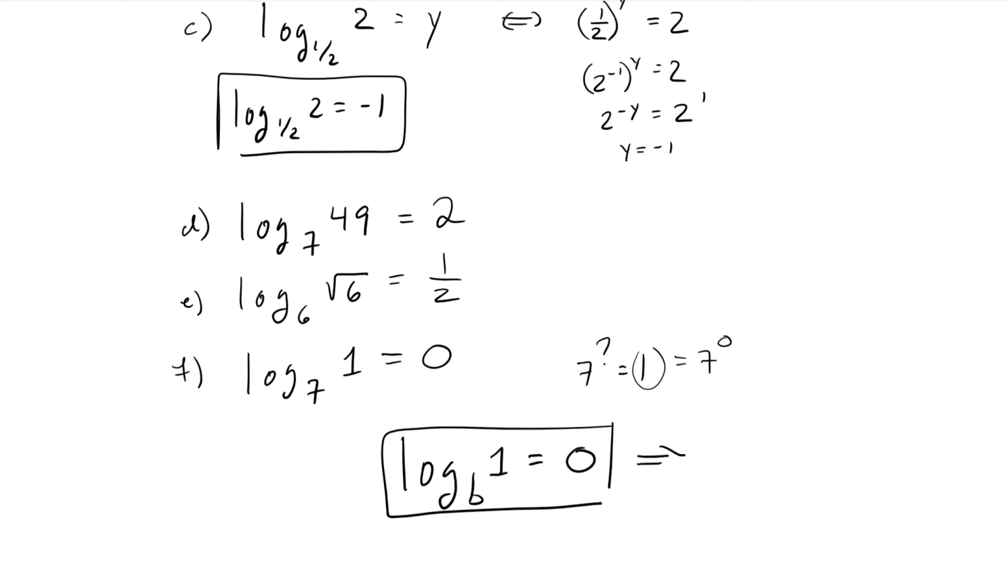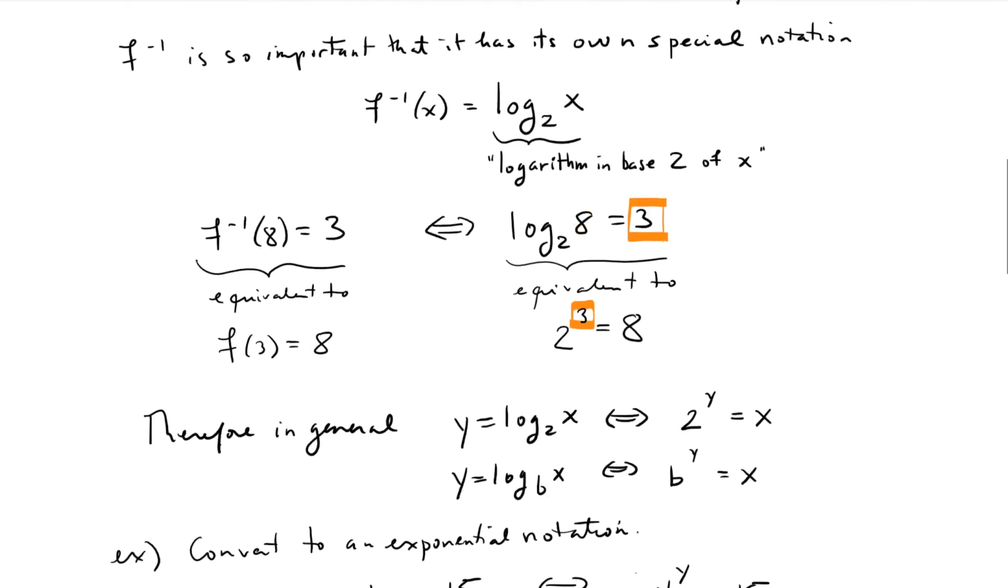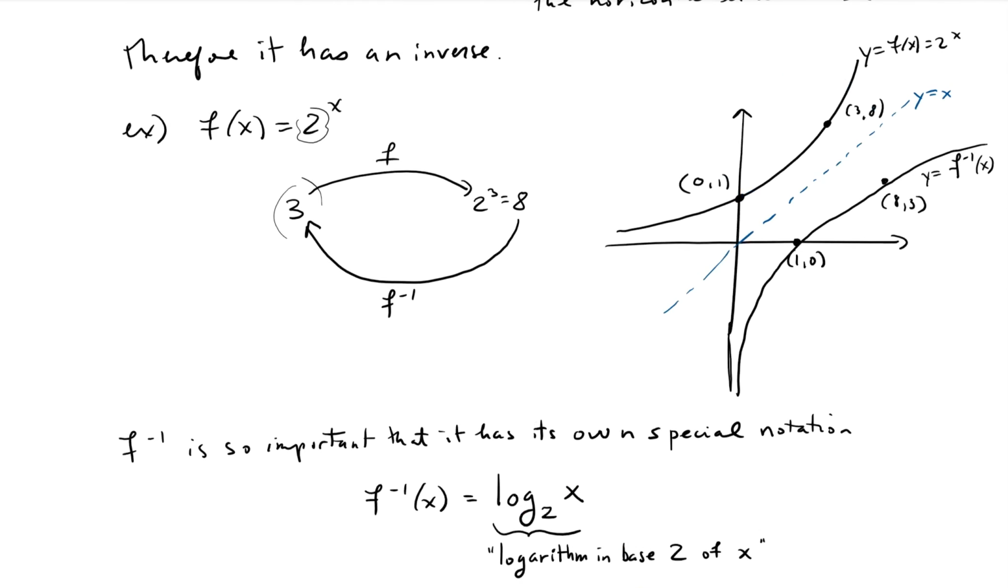If you think about it, this is saying that (1, 0) is on the graph of any logarithmic function. So going back up there, you see how (1, 0) is actually on the graph of my inverse, no matter what b is.